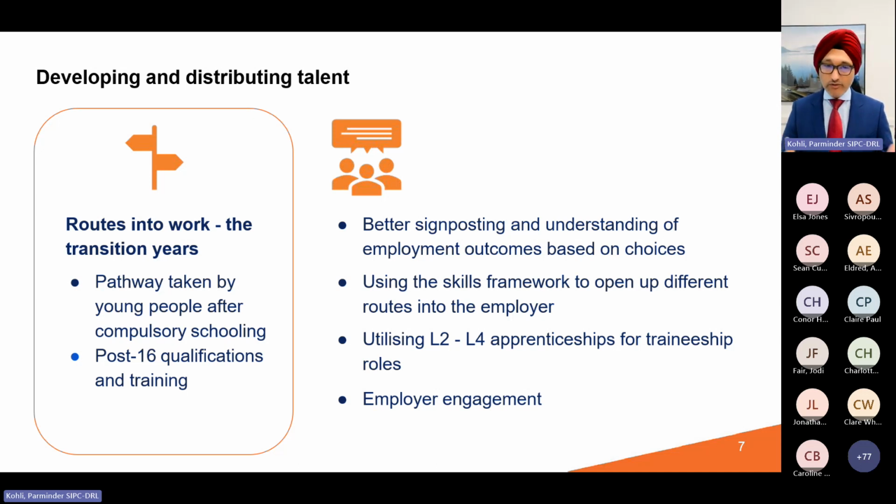Now, that's what I talked about. We need to better signpost so that people make some informed choices about what career they want to pursue. And finally, I think we talked about apprenticeships, and what we can see is it's a very important route, but increasingly over the last few years, especially after the apprenticeship levy, there's been an increase in the degree level apprenticeships, which do not always target people from the lowest socioeconomic backgrounds.